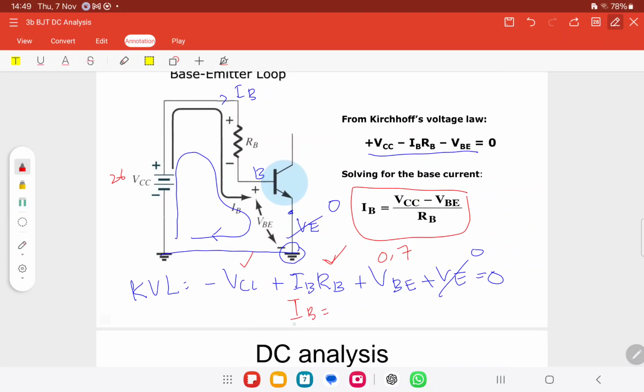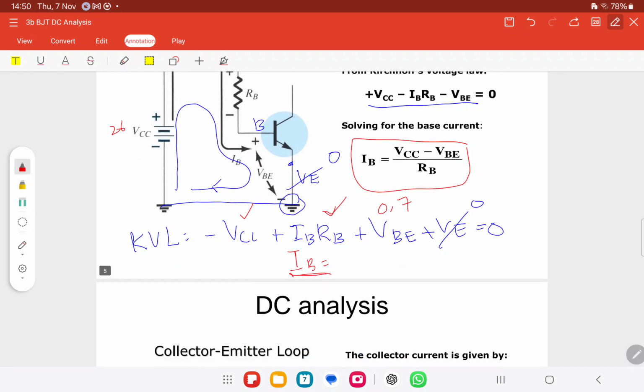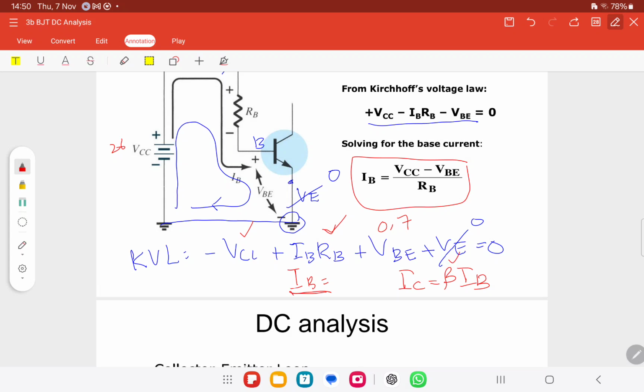Sebab tu saya kata yang paling penting kena cari IB. Sebab on the loop semua boleh ada on the parameter, IB je yang tak ada. Tapi once dah dapat the value, what is the other value that you can get? I equals to beta IB. Beta is given 50 ke 100 ke, depends.